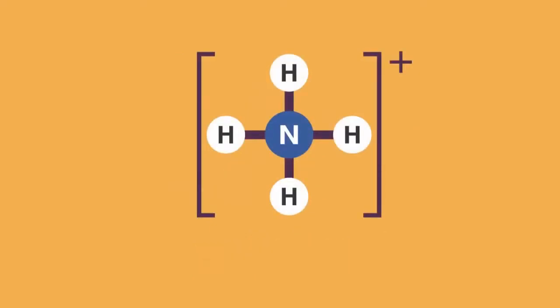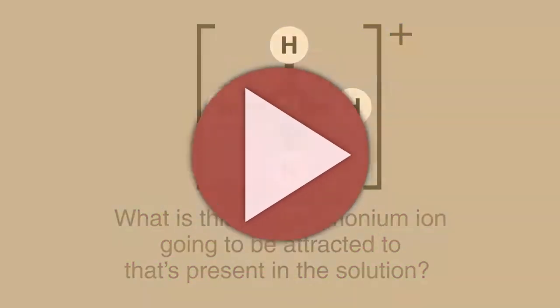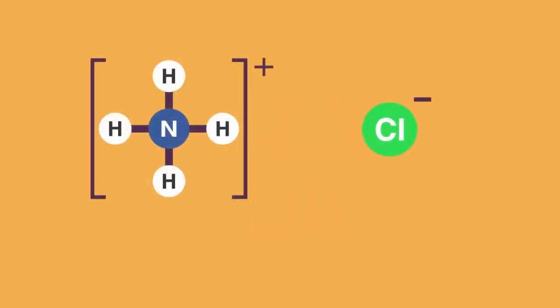Now here's another question. What is this new ammonium ion going to be attracted to that's present in the solution? Pause again and think. The answer is the chloride ion, which has a -1 charge. Now remember your ionic bonding. What are the ratios going to be for the ammonium chloride salt that is created? It's 1 to 1.